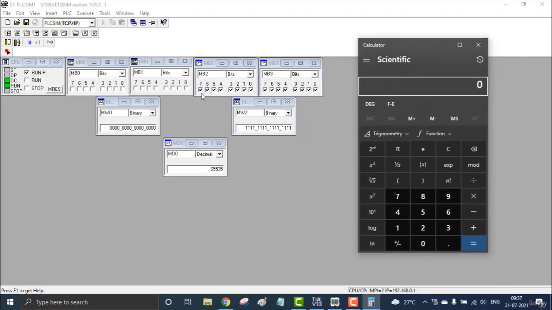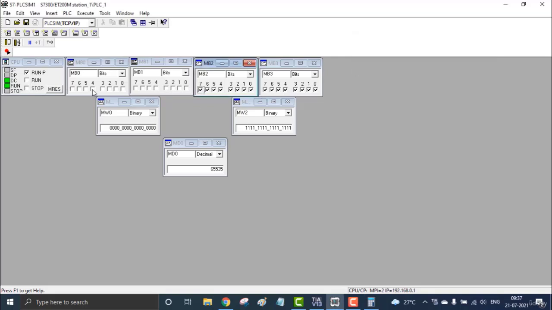We have 16 bits, and in each bit we can save zeros and ones, so 2 states. 2 to the power 16 gives 65,536. It is 65,535 and 65,536, because it is signed and unsigned, so that one value will change.